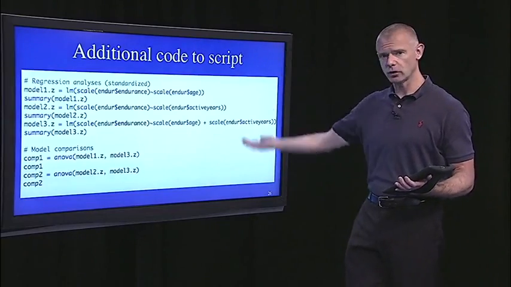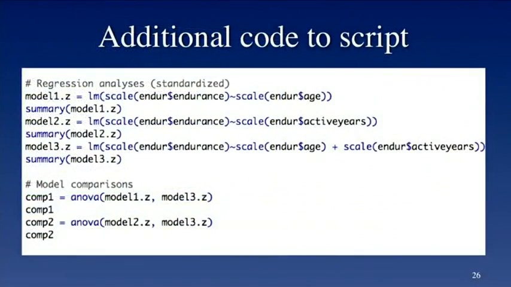So here's the additional code to script into the script that we built in the last segment. So I'm not going to walk you through all of that code again. And again, remember, there are a lot of assumptions we should be testing here. So the tests for univariate normal distributions, linear relationships, homoscedasticity, and so on.